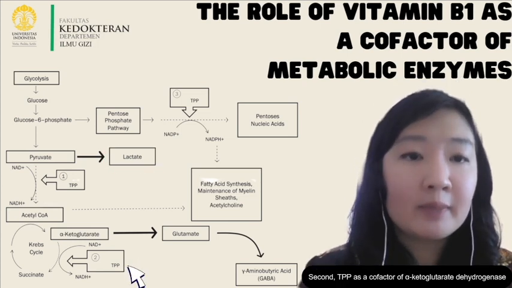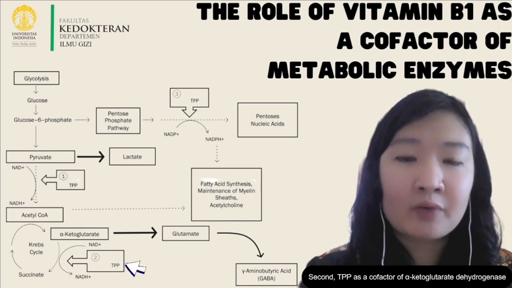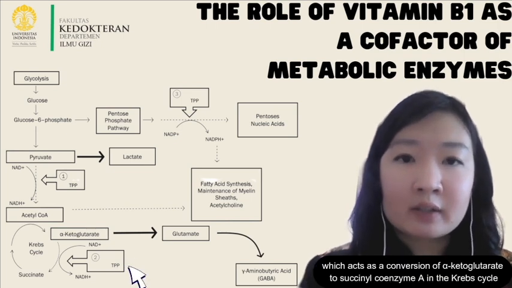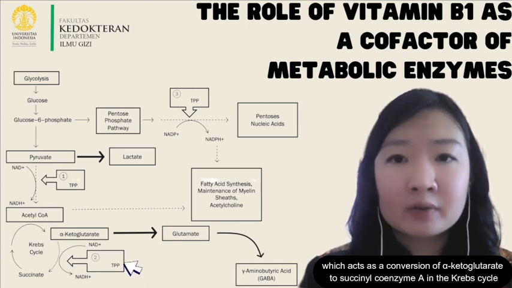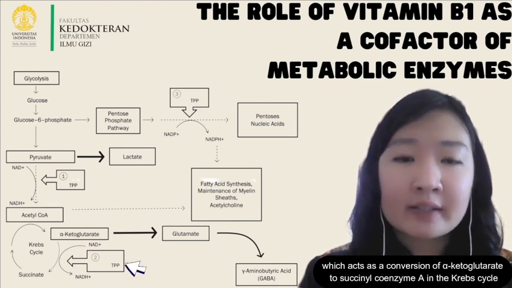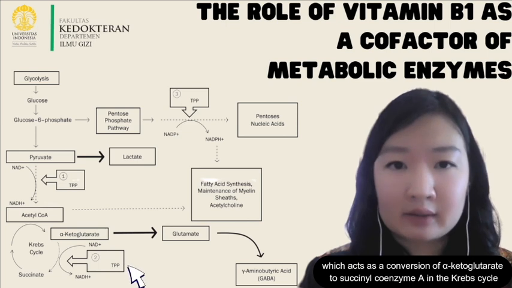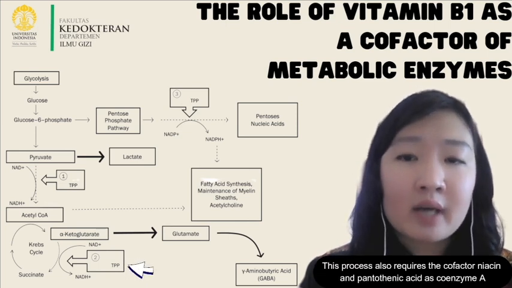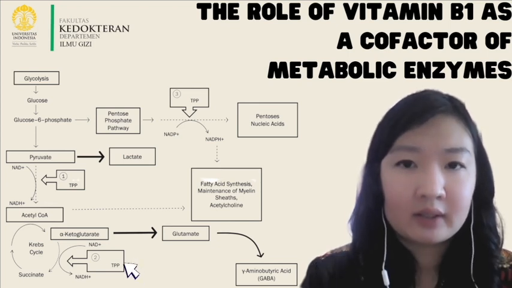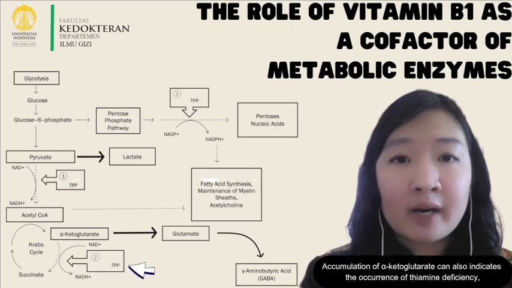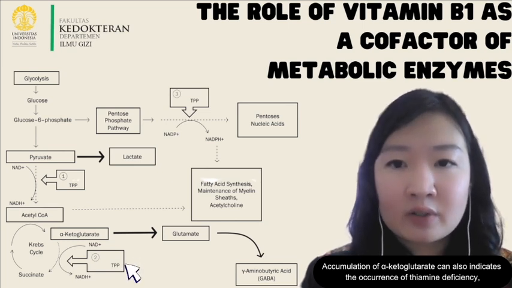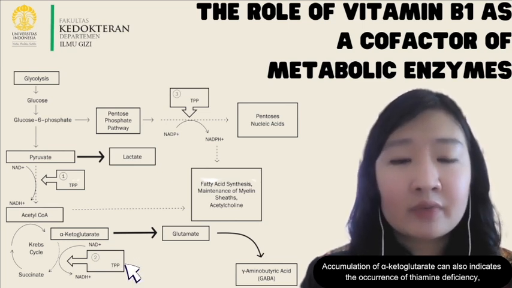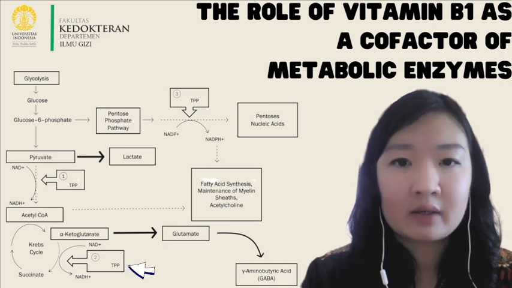Second, TPP as a cofactor of alpha-ketoglutarate dehydrogenase, which acts as a conversion of alpha-ketoglutarate to succinyl coenzyme A in the Krebs cycle. This process also requires the cofactor niacins and pantothenic acid as a coenzyme A. Accumulation of alpha-ketoglutarate can also indicate the occurrence of thiamine deficiency.